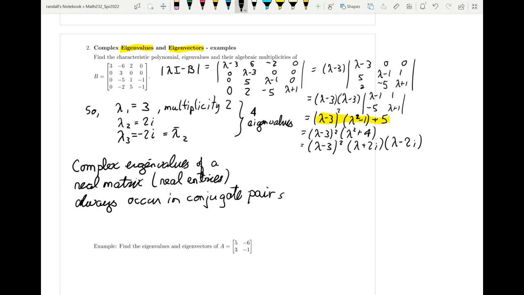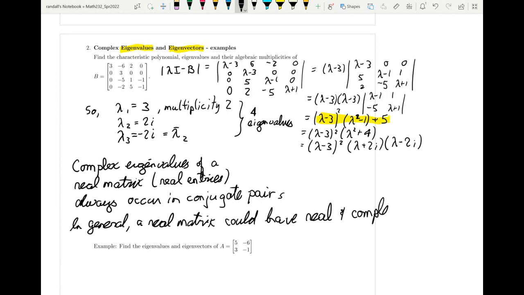So in general, a real matrix could have real and complex eigenvalues.